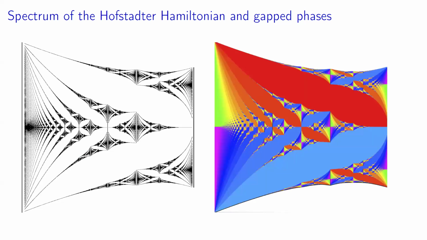And I give you a different picture of the same butterfly, where the black parts are the spectrum of the operator, still a one-body Hamiltonian. But here we colored the white part, the gap, or not we, but this is due to the author of this picture. We covered, so to say, the parts that are not in the spectrum by color. So the one color here is one connected component, an open set connected component of this resolvent set, and it's colored by the corresponding Hall conductance.